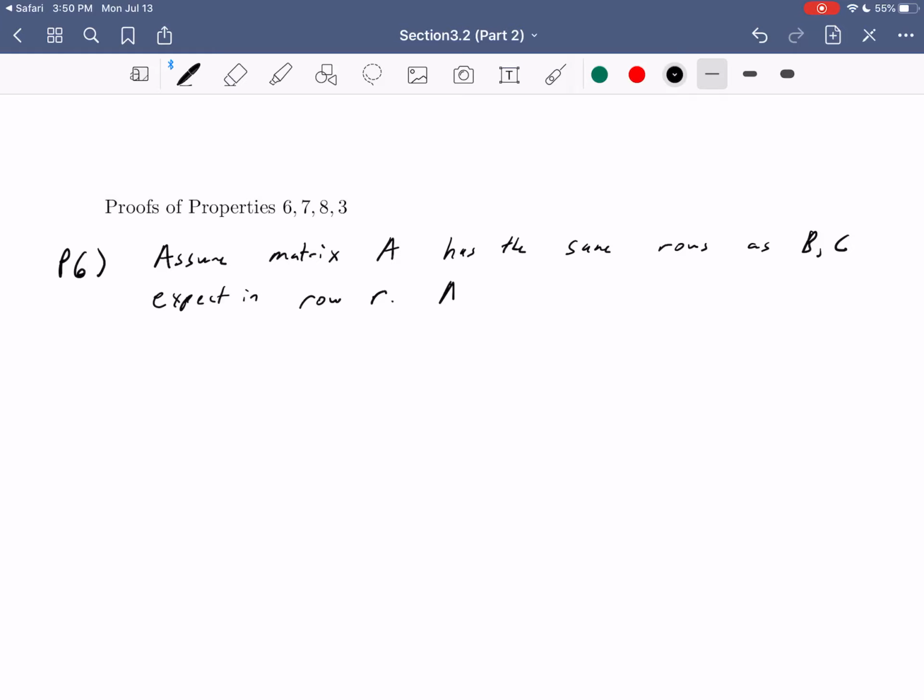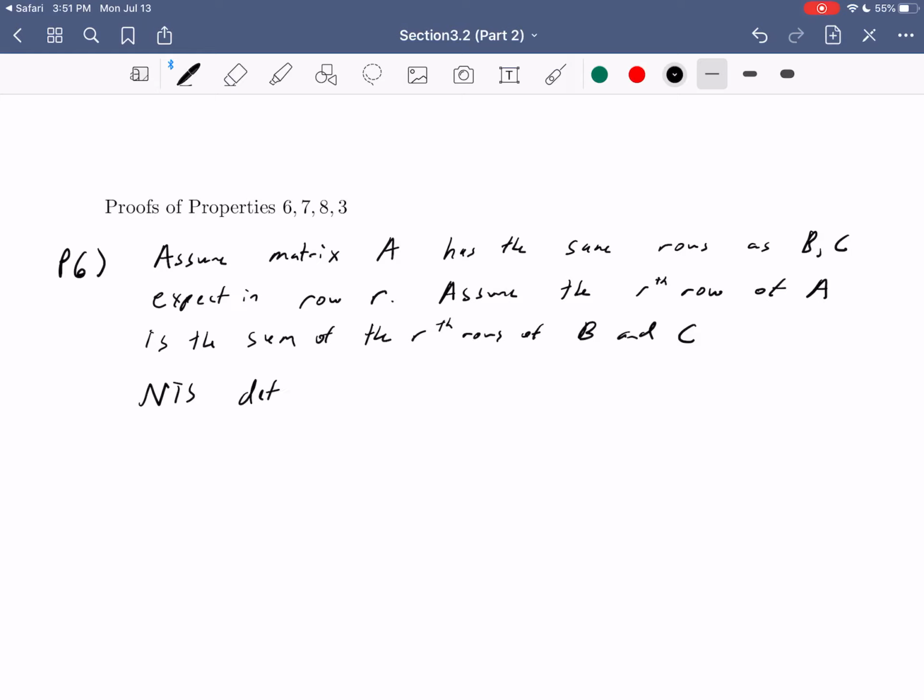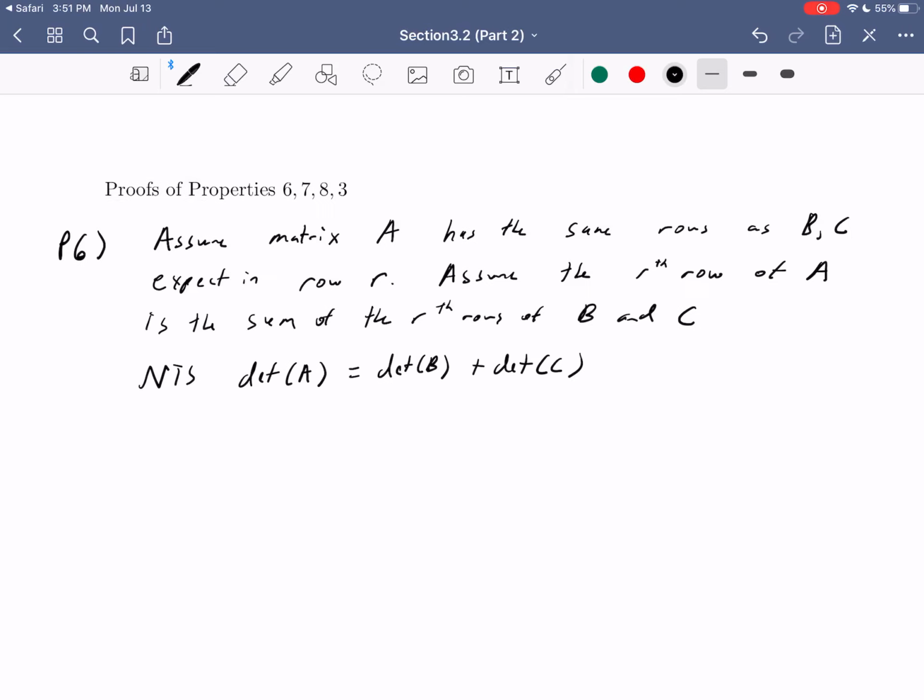We're going to assume that the rth row of A is the sum of the rth rows of B and C. And we need to show that the determinant of A is equal to the determinant of B plus the determinant of C. So how are we going to do this?